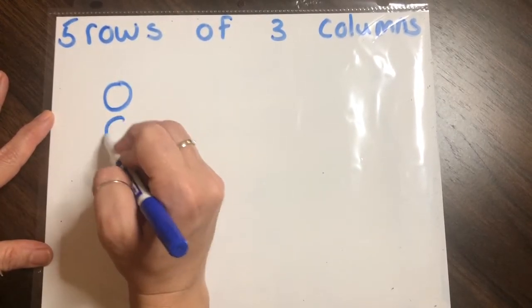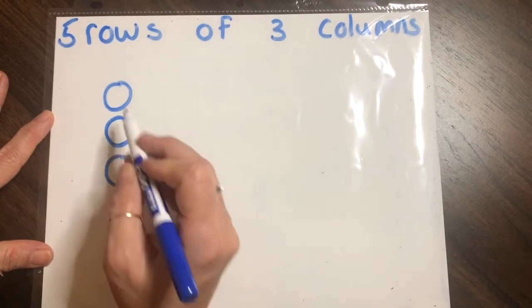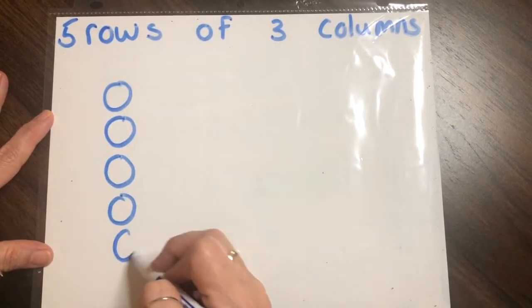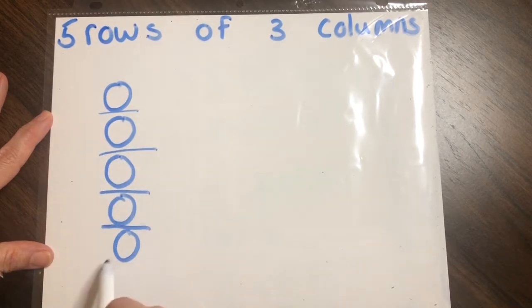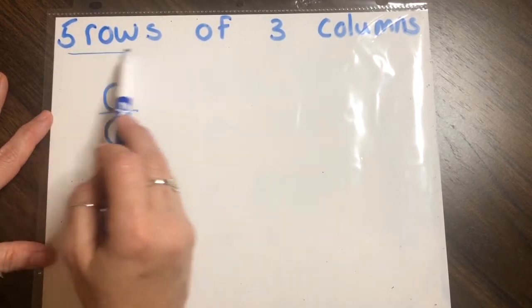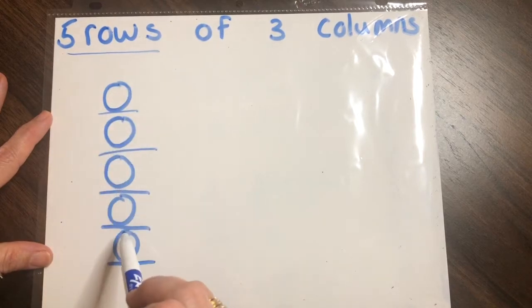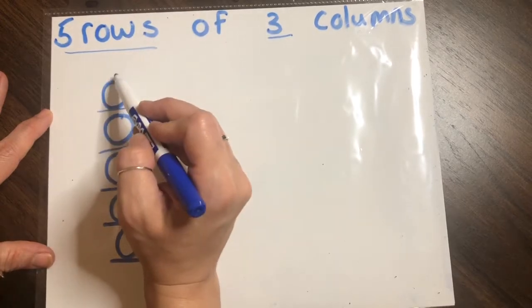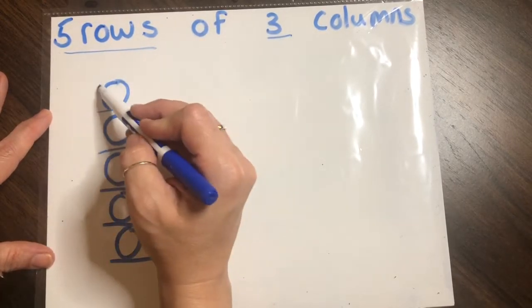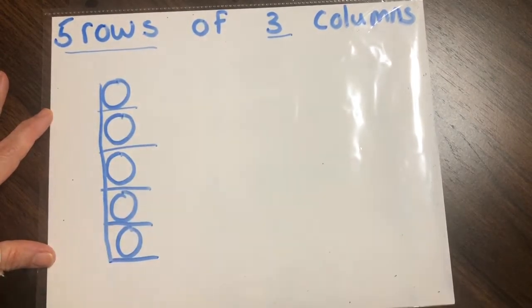Welcome back, third graders. I'm gonna go ahead and draw my array. I know that rows go this way, so I need to have 5 rows. 1, 2, 3, 4, 5. And I'm going to have 3 columns. Columns go long ways, like this.